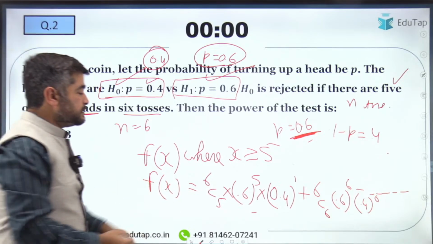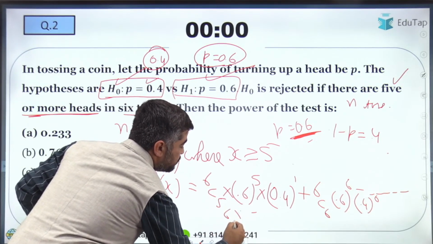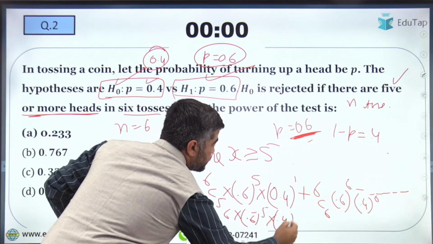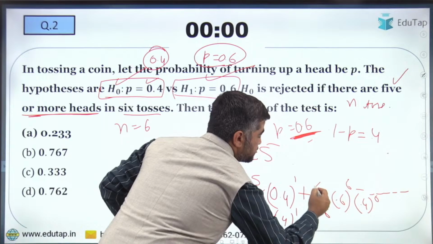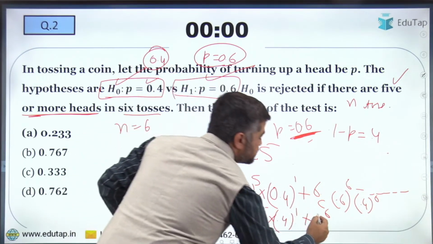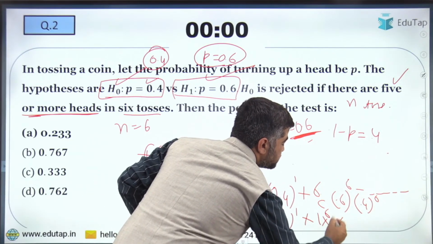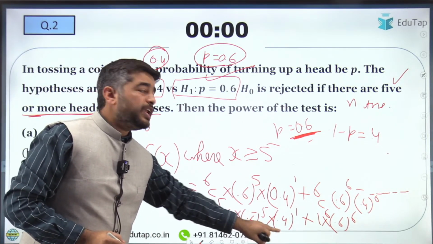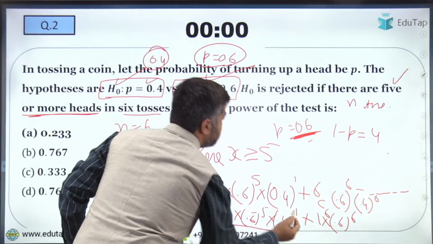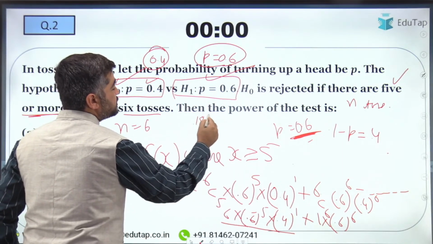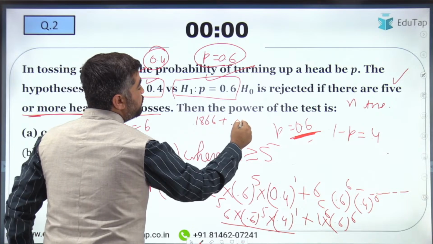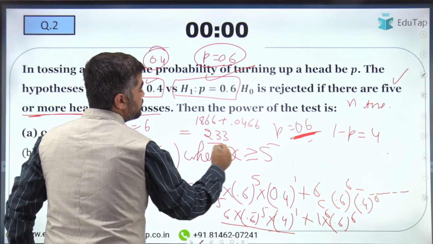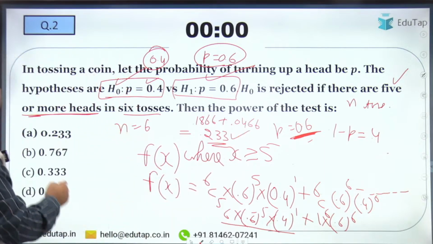Now you have to solve this. 6C5 is 6, into 0.6 raised to power 5 into 0.4 raised to power 1, plus 6C6 is 1, into 0.6 raised to power 6. By solving this, you will have 0.1866 plus 0.0466, which gives you 0.233, which is your answer.